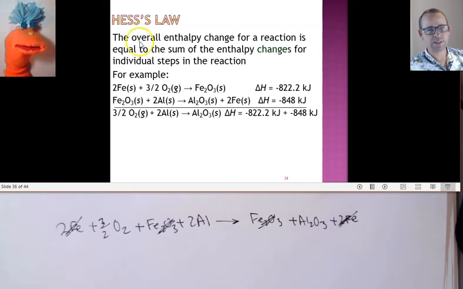Hess's law basically says that if you take two reactions and their delta H's and add them together, the resulting reaction's delta H will be the sum of those two delta H's.